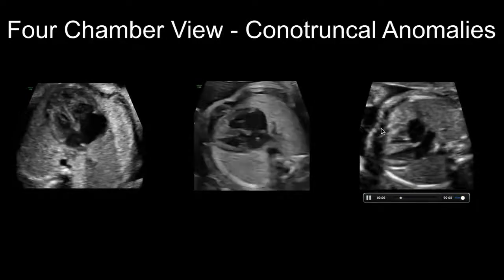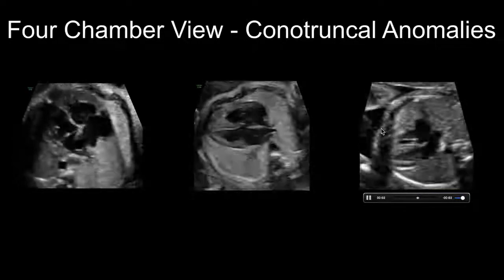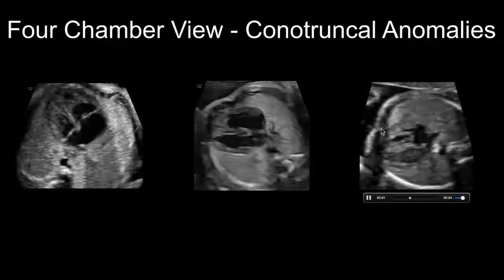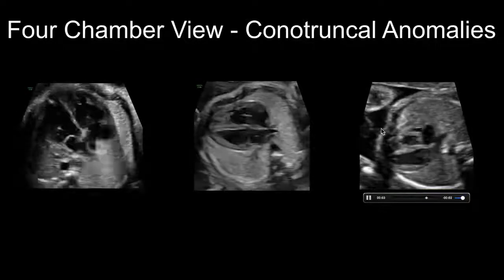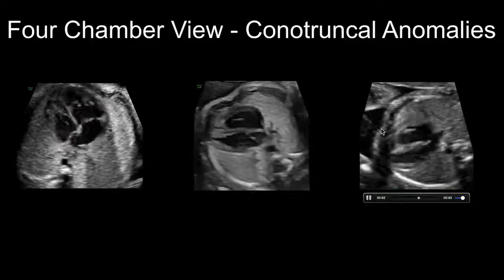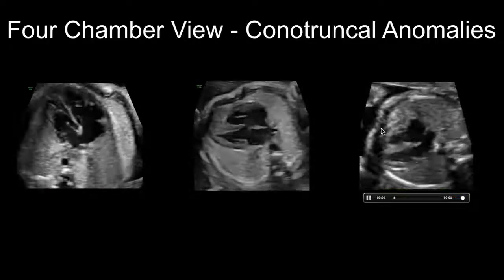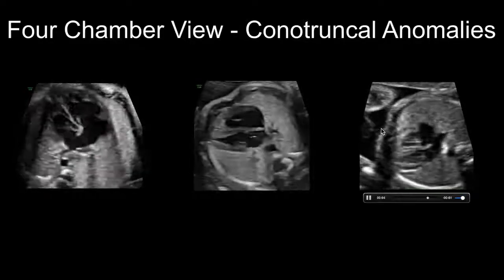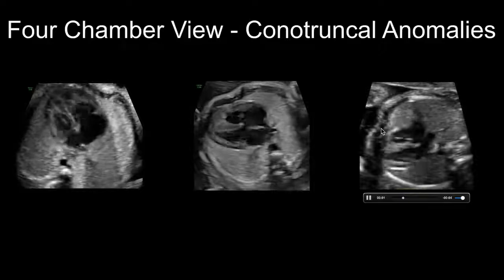So it's really important to understand that a 4-chamber view alone is not sufficient screening for congenital heart disease. The basic obstetric ultrasound exam is being revised today, and it will include not only the 4-chamber view and the outflow tracts, but also the 3-vessel trachea view, which we will talk about in more detail during this course.